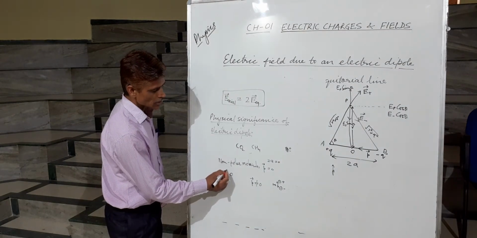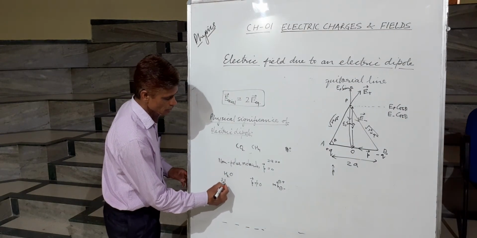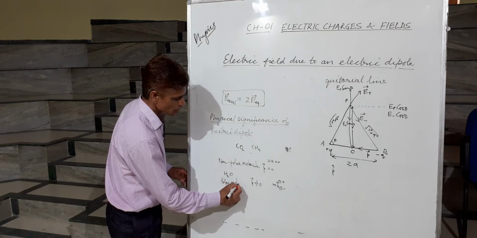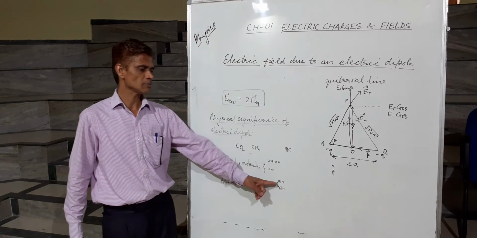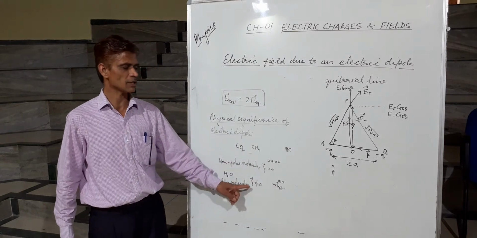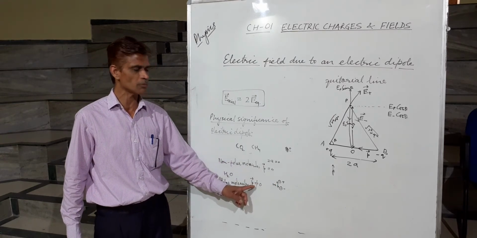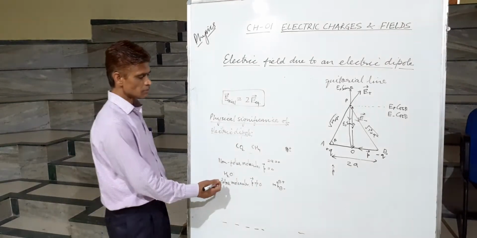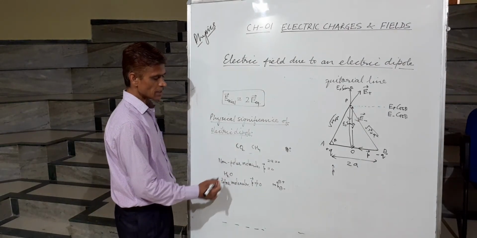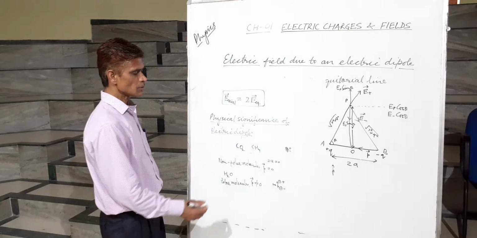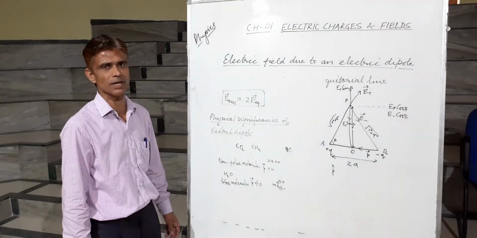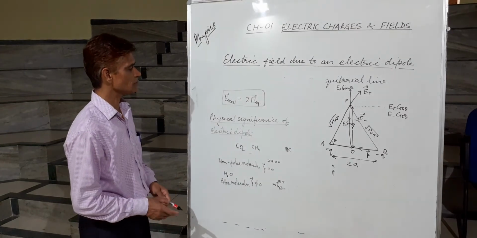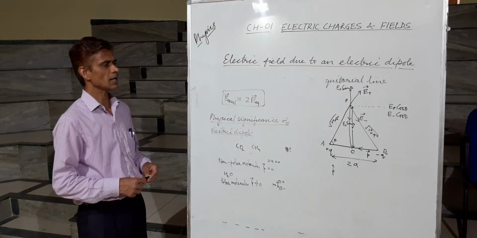Such a molecule is called a polar molecule. Each polar molecule has its own dipole moment. Now when such a molecule is kept in an external electric field, it aligns itself in the direction of the electric field. So this was all about the physical significance of the electric dipole.